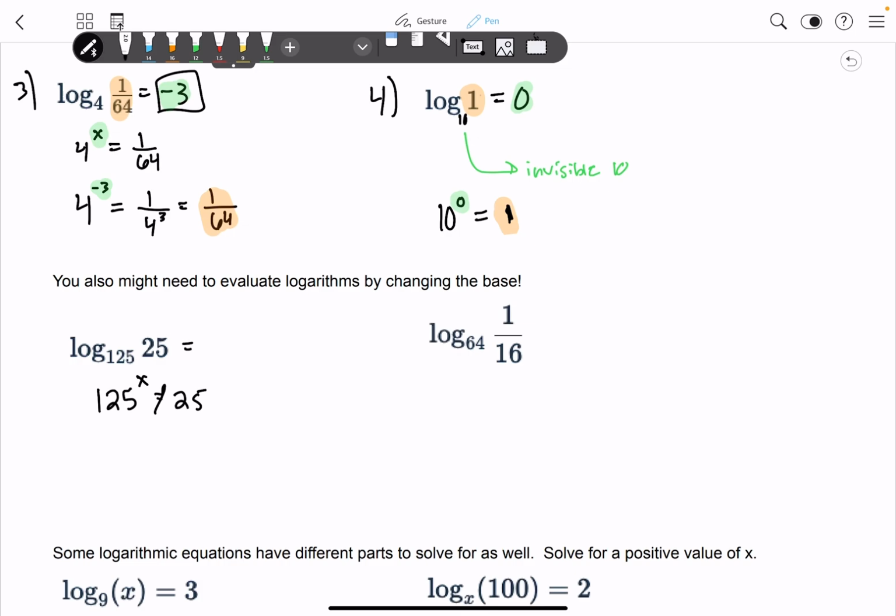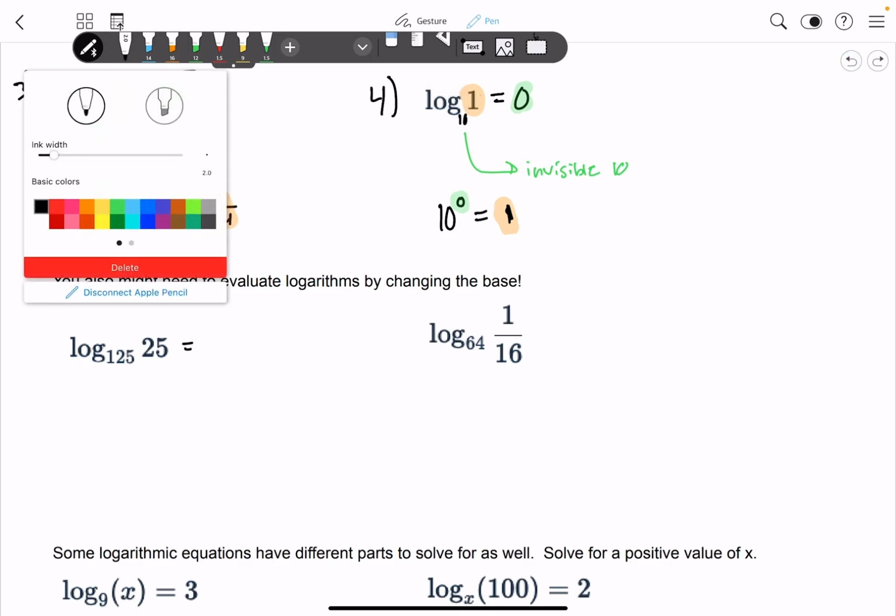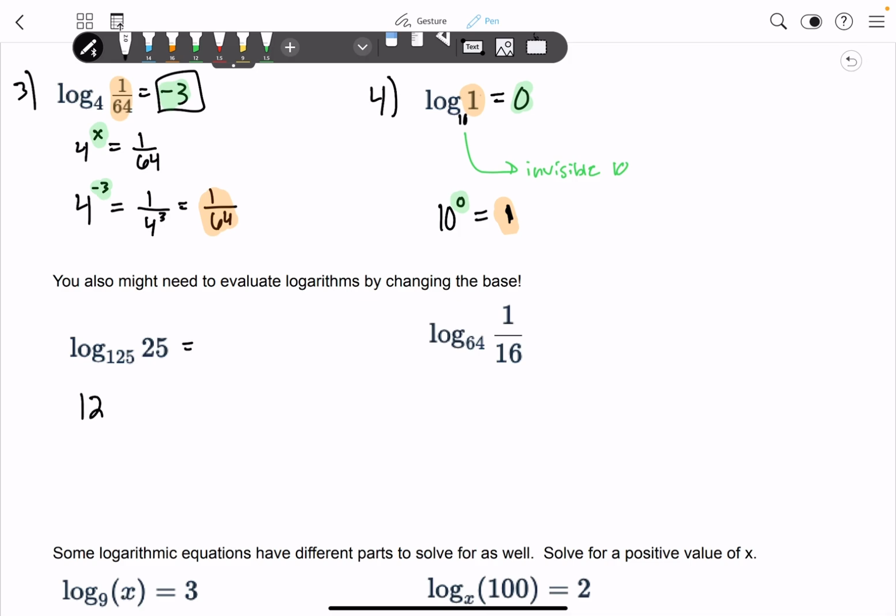We can't raise 125 to a power and get 25. We can't raise it to something and get a number that's bigger than 125. So what we're going to have to do is change the base. Well, actually, here, let me rewrite that.